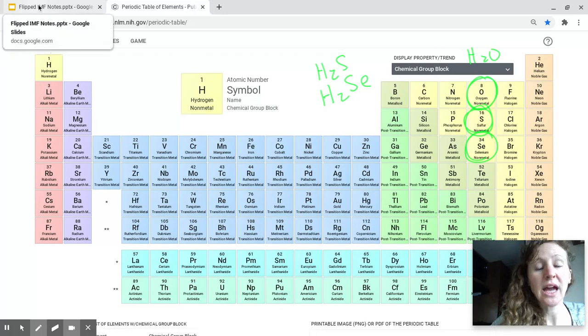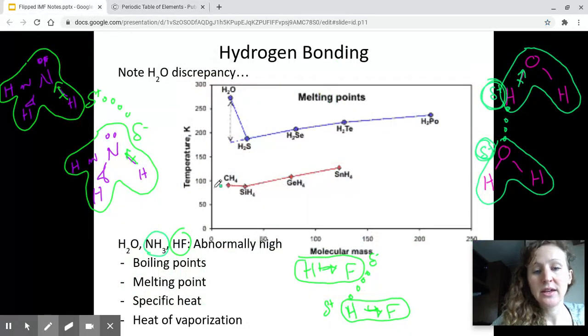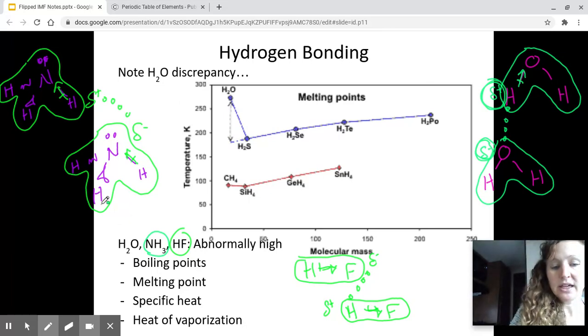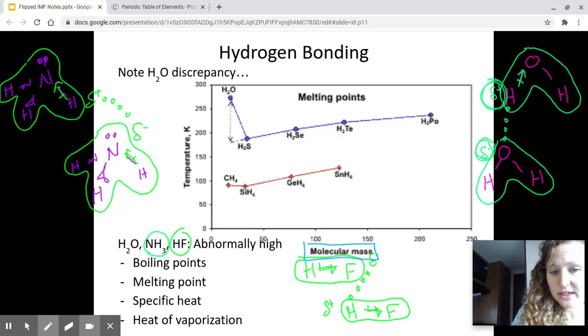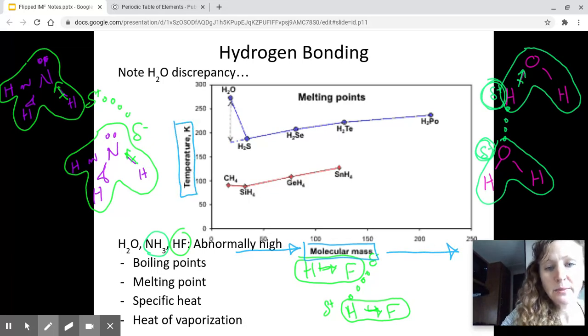So if we look at this graph right here, look at molecular mass on the bottom. This is molecular mass increasing from low molecular mass to high molecular mass. Look at the Y axis here. This is temperature, and this is going to be the melting point.